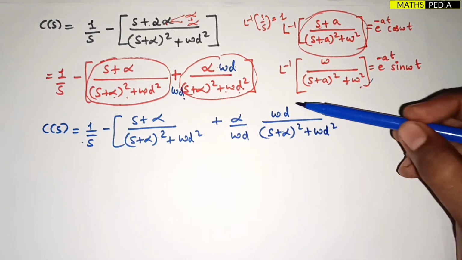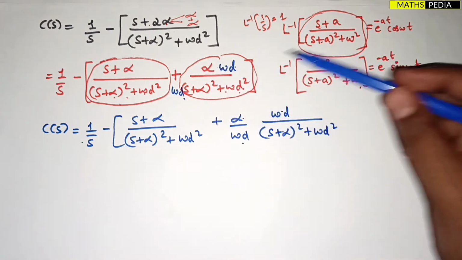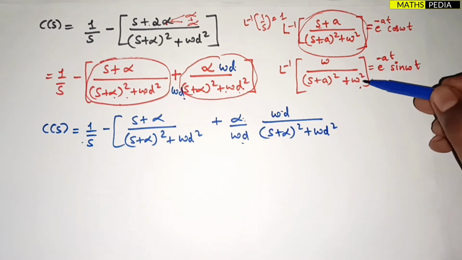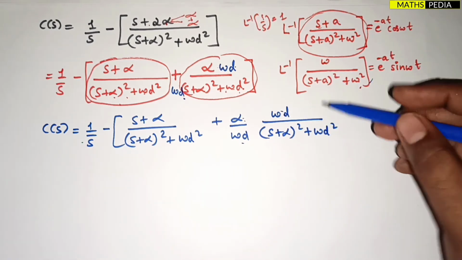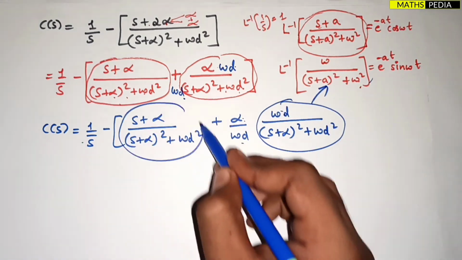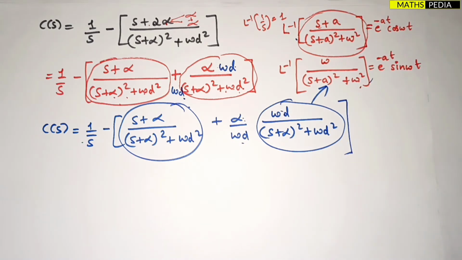See, basically what I have done, omega d I multiplied and divided, alpha is one extra term, so I'll bring it over here. Now it's the same thing, omega d is there, omega d square is there. Compare this equation with this and this equation with this. So now I can directly go forward with Laplace inverse.